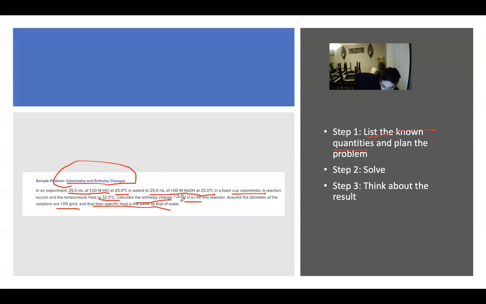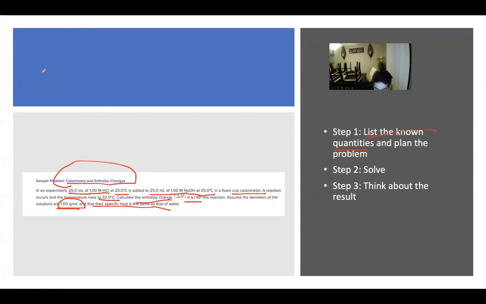Because we said that the specific heat of water is what? In this case, I think they want us to just use this 1 gram. Yeah, the 1 gram.